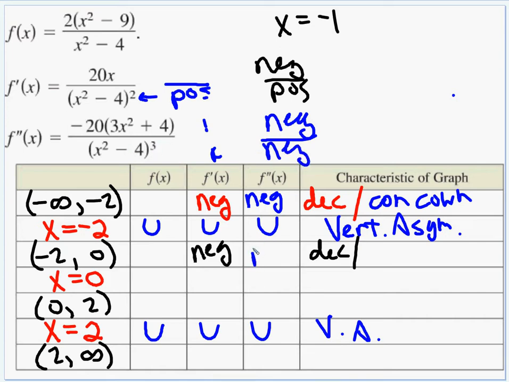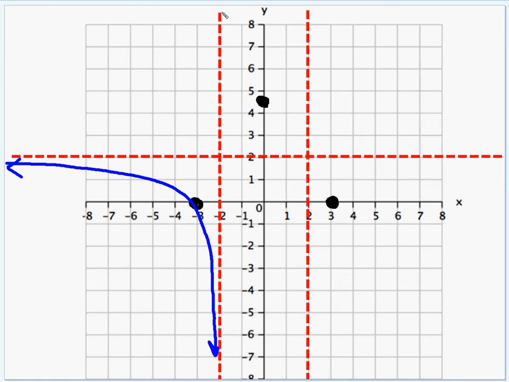Negative divided by negative is positive, and that part of the graph is concave up. So here we have a negative first derivative, so we are decreasing and yet concave up. Decreasing, but concave up, so it would look like that.